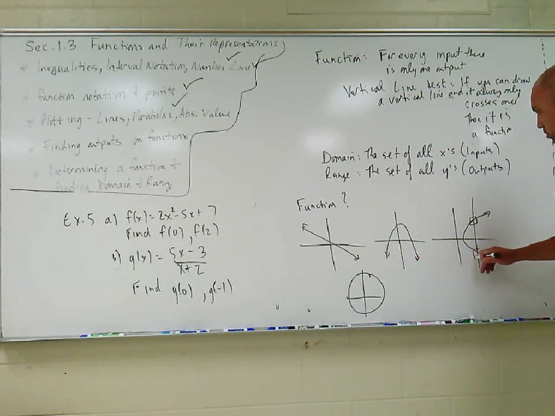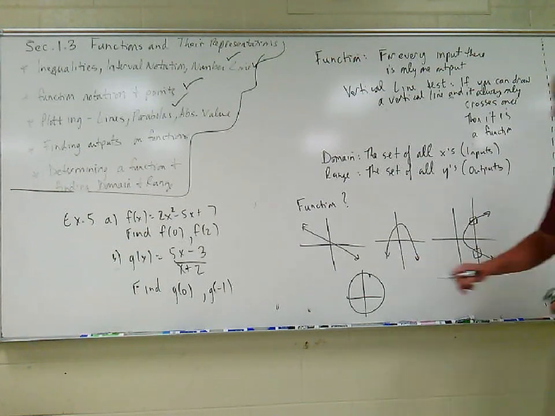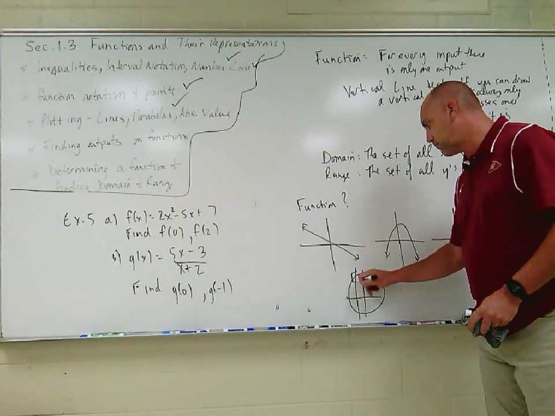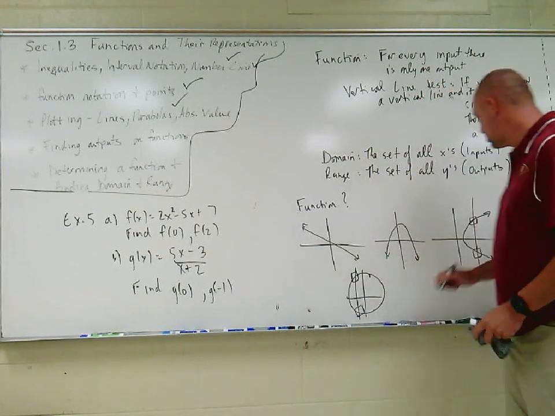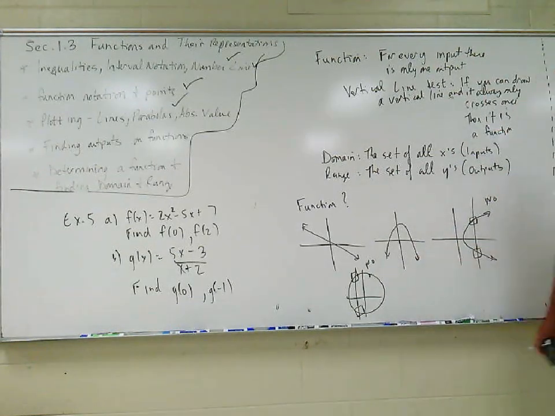Right there, you're gonna have 2 outputs for 1 input, okay, not a function. And then also on a circle like that, that's not a function. Okay, so that's a no. Okay. So, everybody okay with just looking at the picture there and determining, that's the easiest way to do it, is if you just look at the graph.